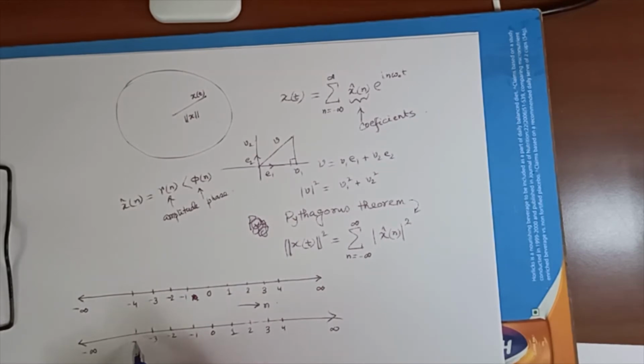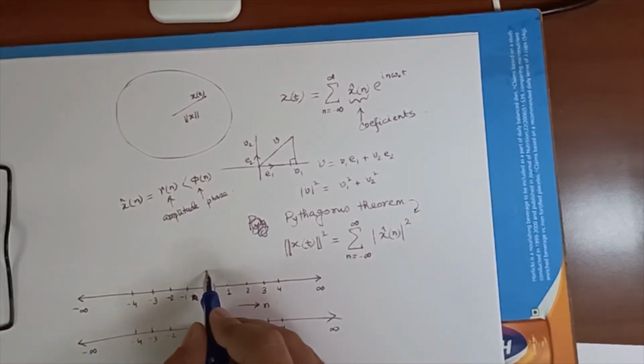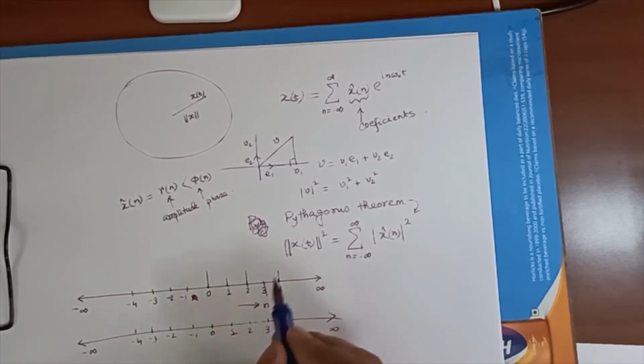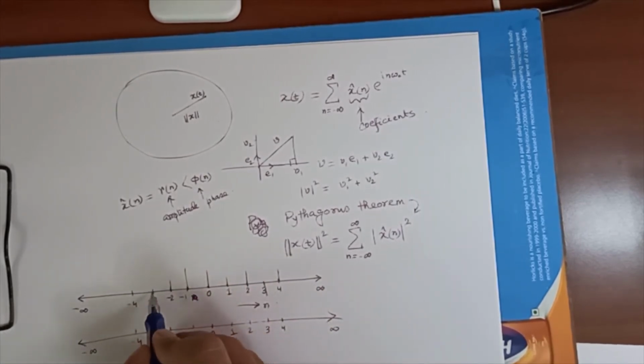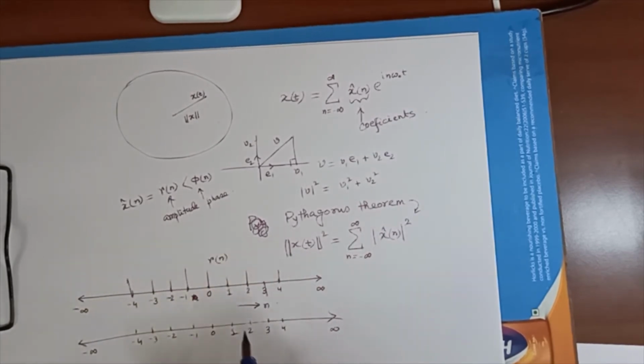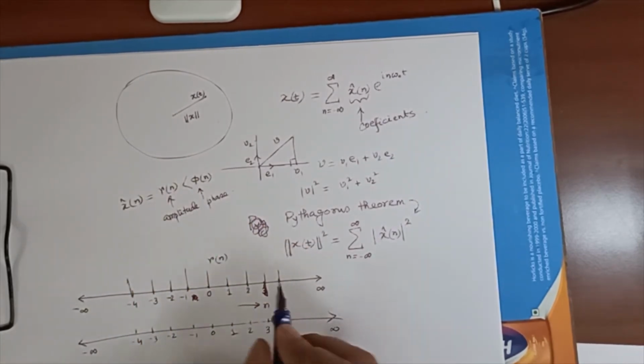minus 4, etc. We can plot these numbers, some real numbers, right? This is the plot for Rn and this is the plot for the angle, say. If I write Rn, it will not be negative, only positive.